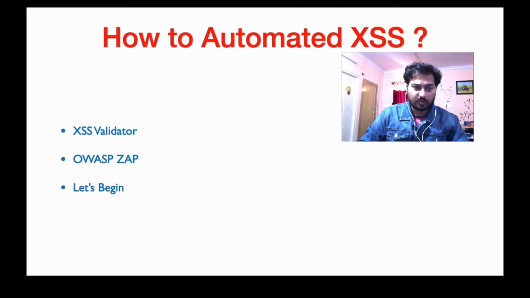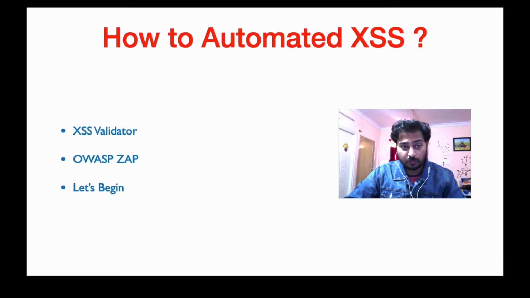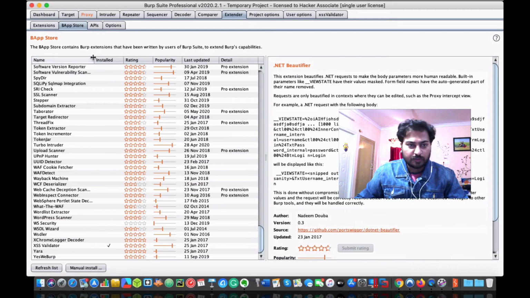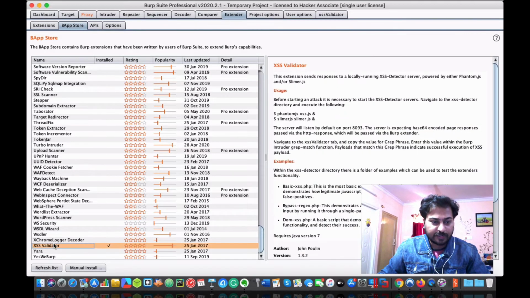install this add-on. Here we are going to perform automated cross-site scripting using an XSS validator. You can also do this using OWASP ZAP, which I will talk about later on. Now let's begin. Go to the Burp Suite, then the Extender, then the BApp Store, and after that the XSS validator.